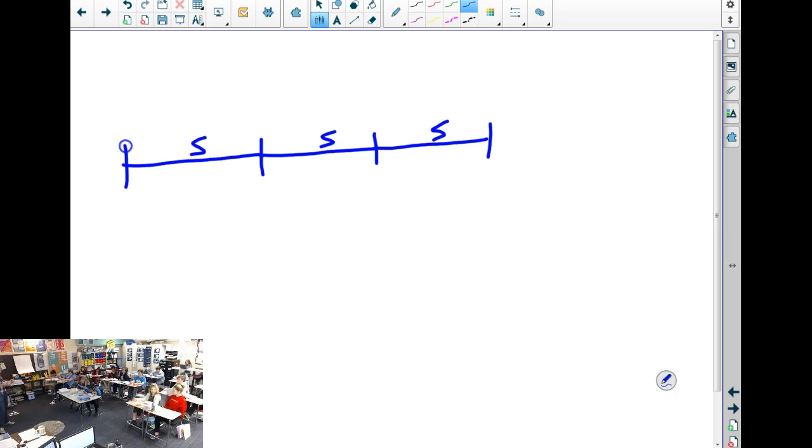Greta, what else do I need to do if she also laid a 12-inch ruler on the end of this? So in the problem it says she had 3 short boards end to end, and then her 12-inch ruler on the end of that. Add a line. What do I put above that line? A 12. And we'll label inches because we care about our labels.